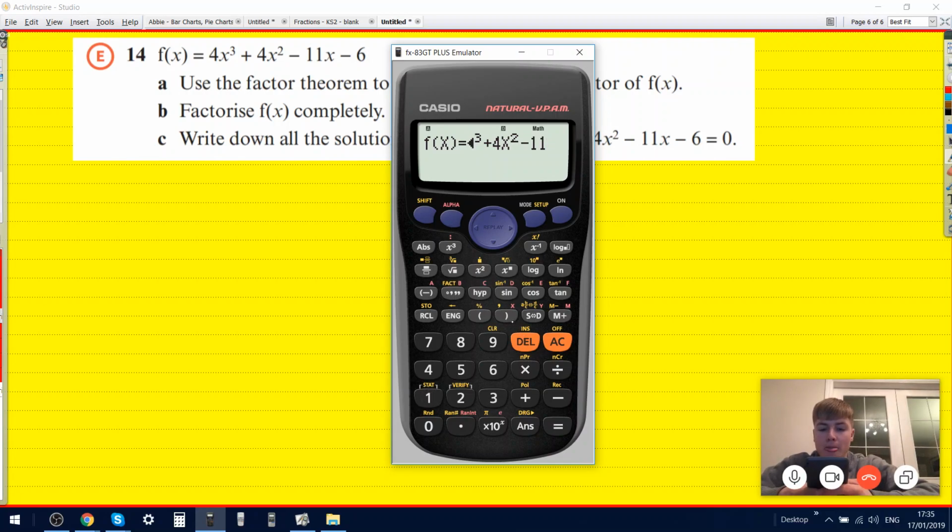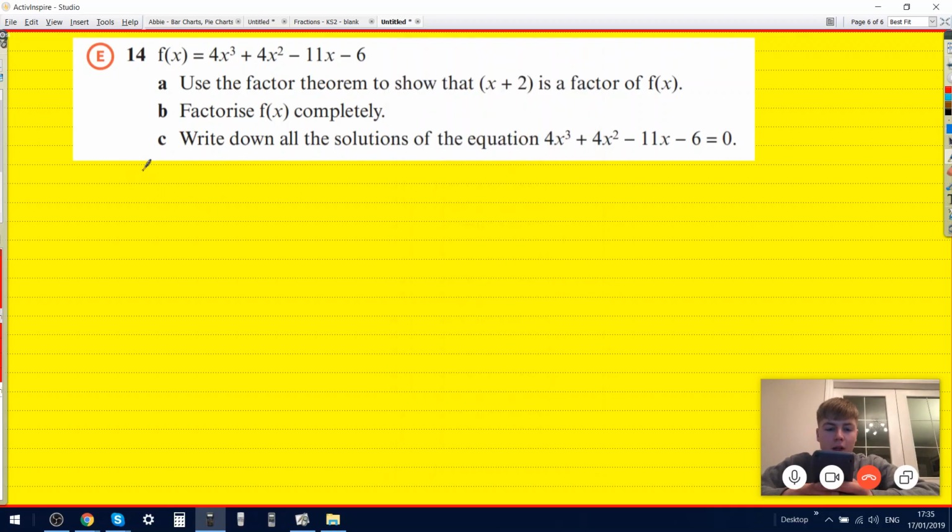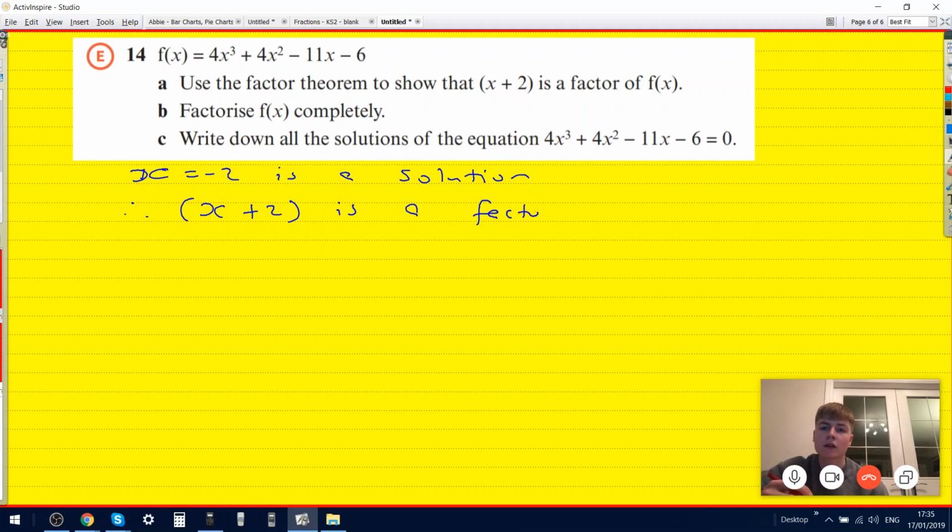Yeah, it's not a bad way to do it. So I've got minus 2. So x equals minus 2 is a solution. Therefore x plus 2 is a factor.